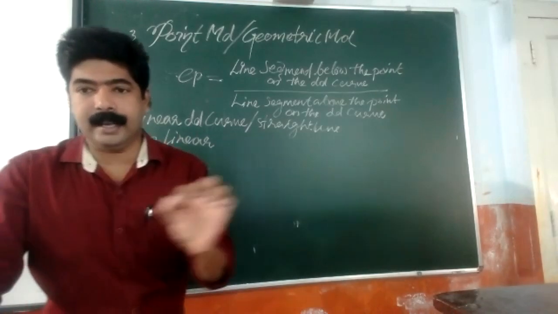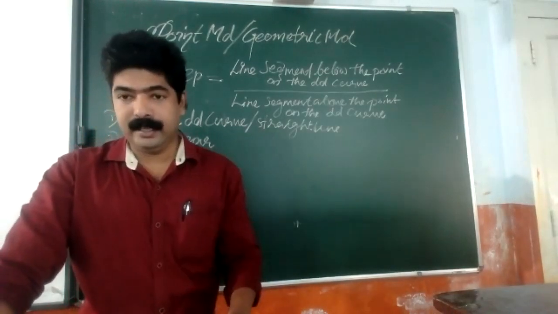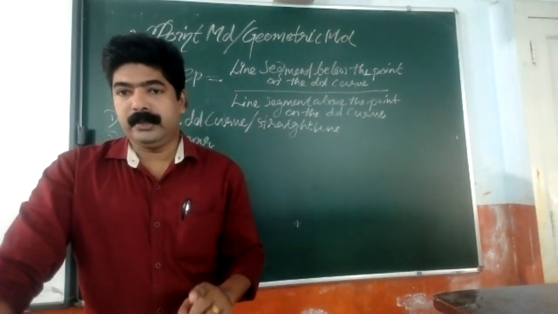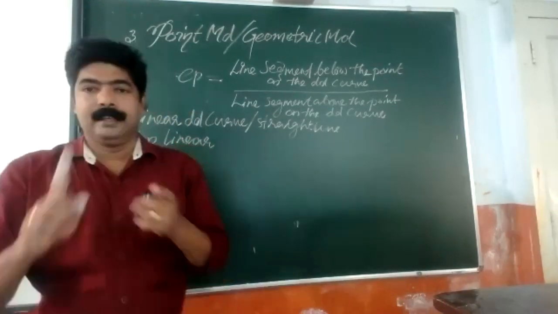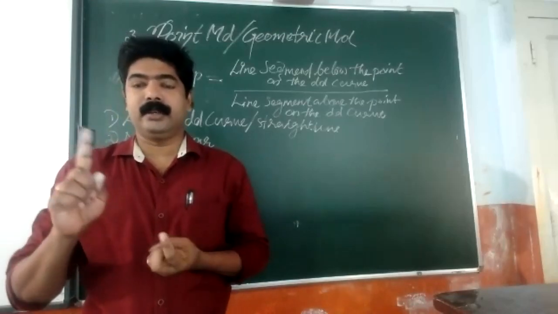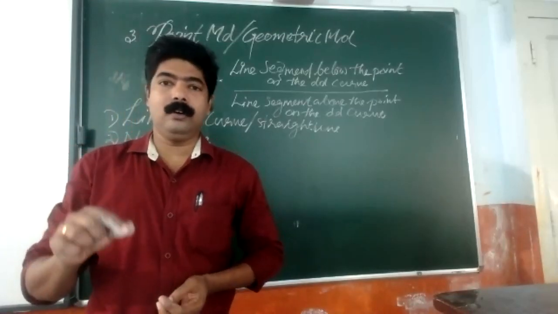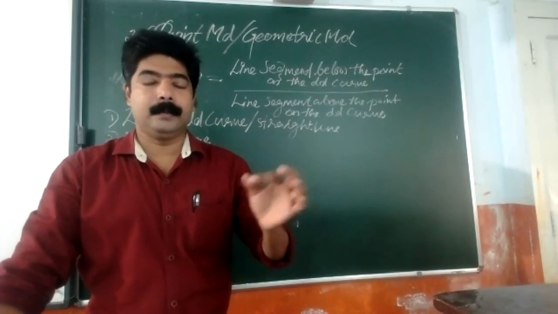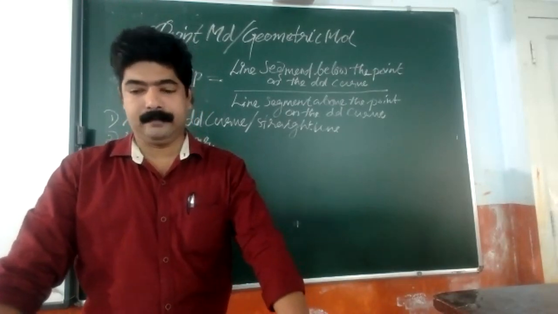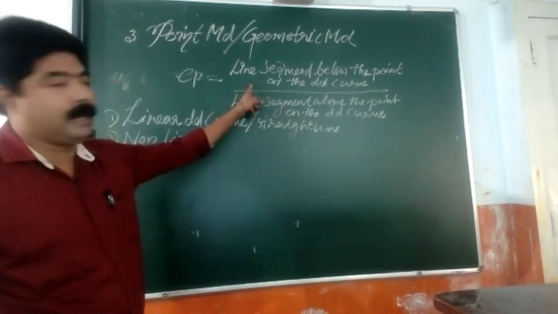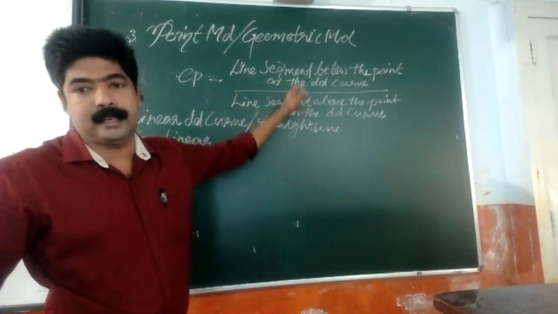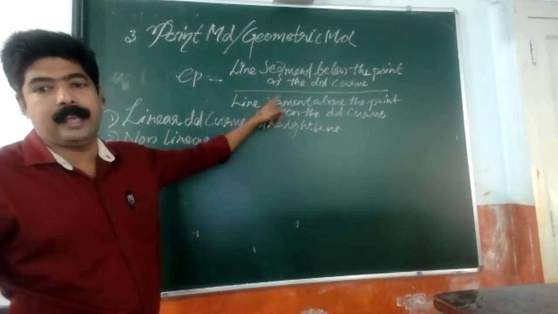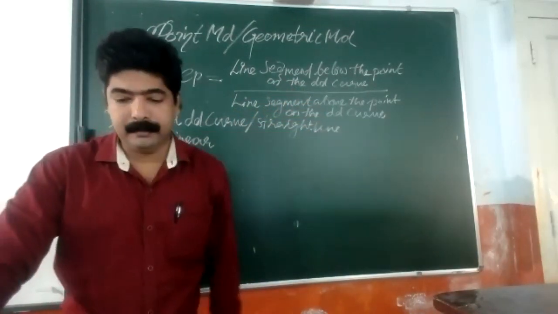One is a straight line demand curve, another is non-linear, not a straight line. Using both linear and non-linear, we must know how to calculate price elasticity of demand using this formula: line segment below the point and line segment above the point on the demand curve.